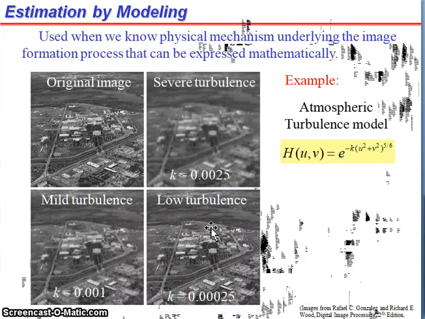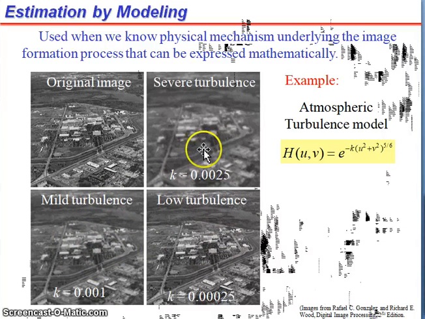Now the next one is estimation by modeling. This one is used when we know the physical mechanism underlying the image formation process that can be expressed mathematically. If you see this, this is an original image. Suppose severe turbulence is there, here mild turbulence is there, and low turbulence is there.